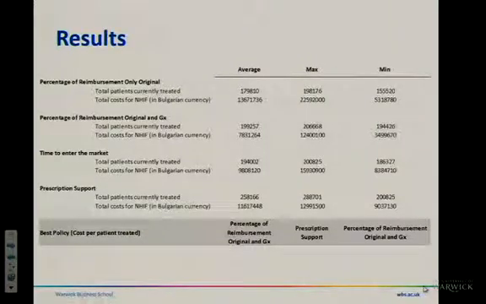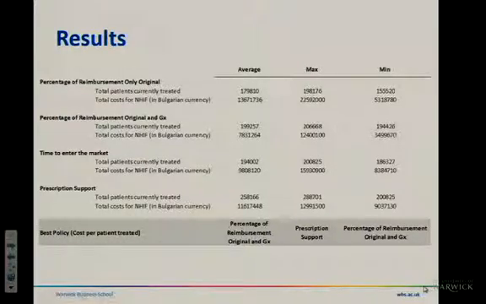And in terms of the minimum policy, where you see the divergence, the lowest, if you only support reimbursement of original, only 155,000 patients will be taking the medicine. So from the maximum to the minimum, it's almost 140,000 people that may be at risk of developing worse conditions.